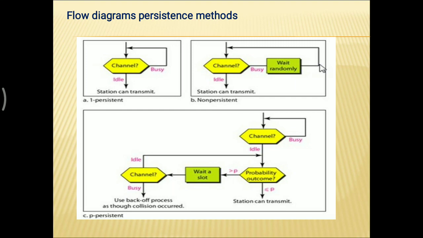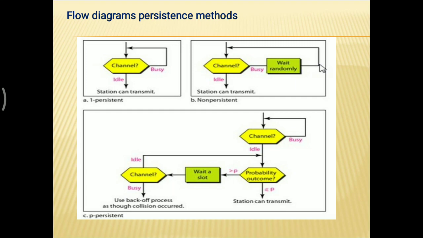Then if the transmission medium is still busy, it chooses time slots and waits for certain time slot intervals. After checking, if the medium is not occupied by another station, that means the medium is idle, it transmits the information.